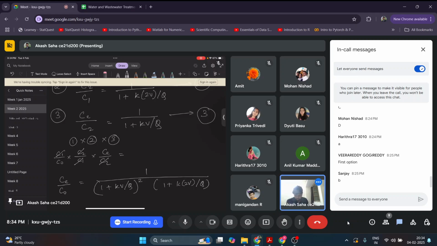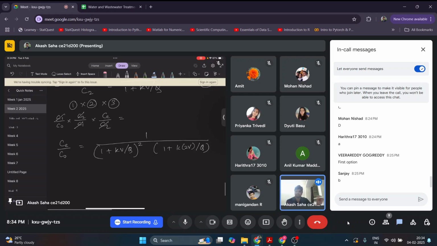So this will be my overall term. Okay. So now we have to fill in the values. CE was 30, C0 was 150, and 1 by 1 plus kV was 0.007 into V, we don't know V because the volume we have to find out. V by Q, with Q being 400 liter per minute, or we can write 24,000 per hour.